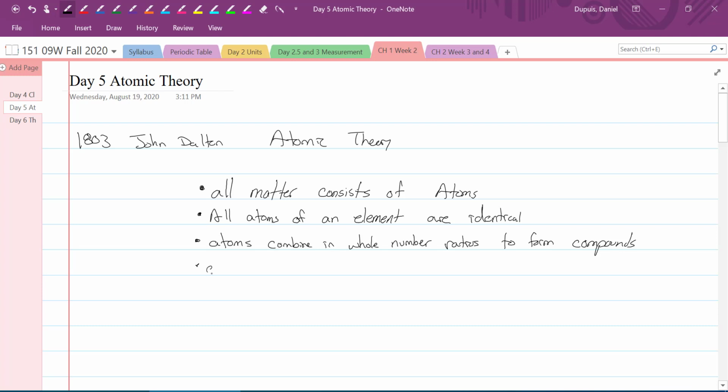He said chemical reactions are rearrangements of atoms, and atoms are indivisible. All right, so that was his atomic theory.